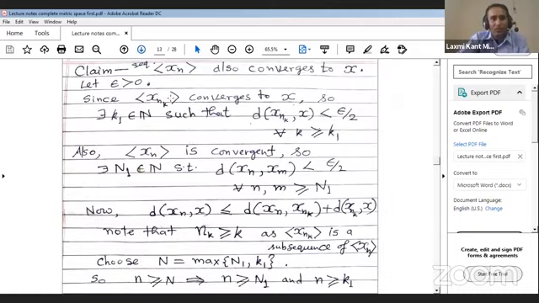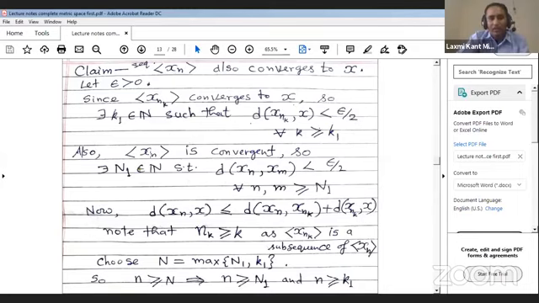Now our claim is that this sequence xn also converges to x. So consider epsilon greater than 0. Since this sequence x_nk converges to x, there exists a natural number k1 such that the distance between x_nk and x is less than epsilon by 2 whenever k is greater than or equal to k1.